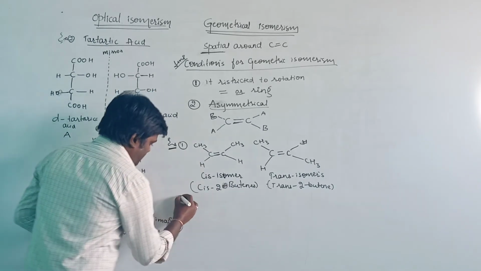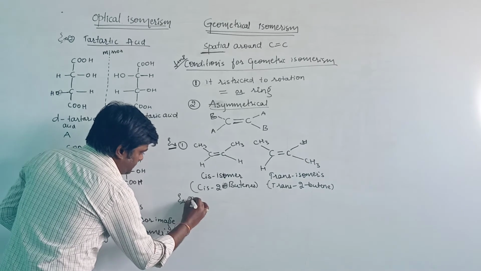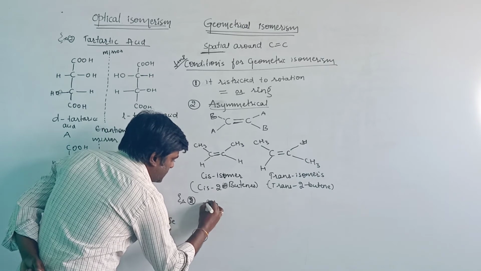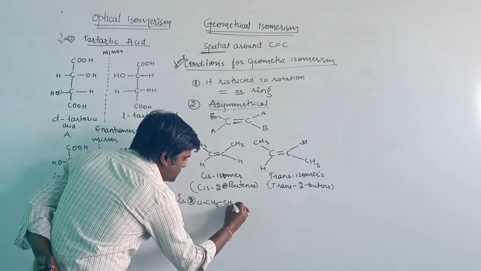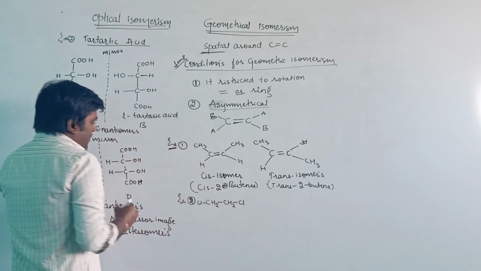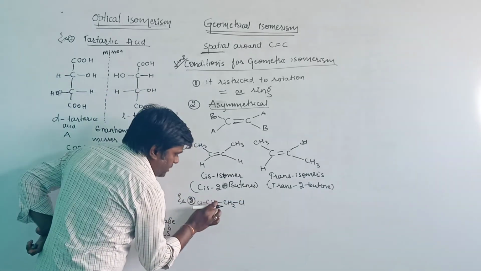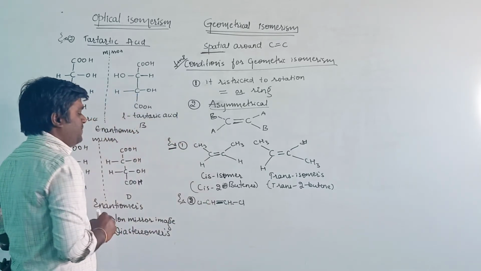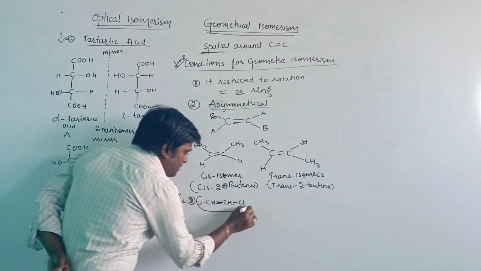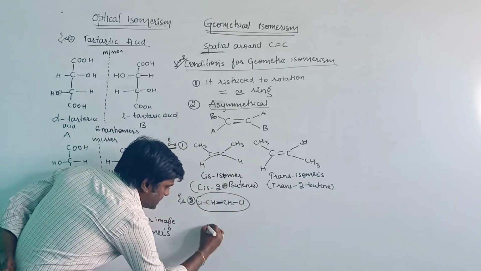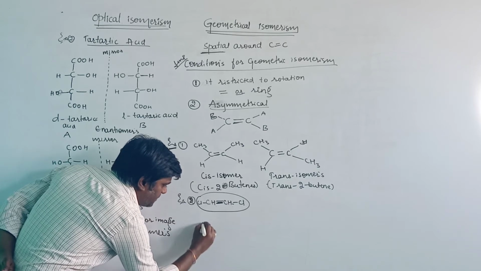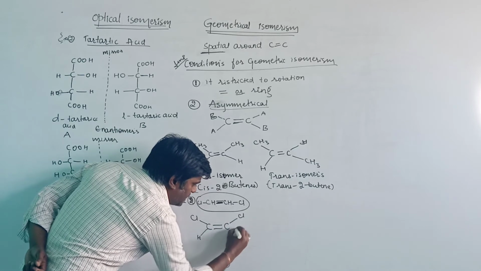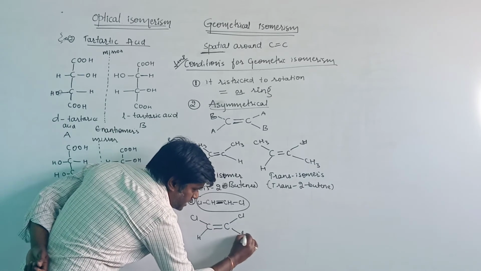And the next one, let us take the second example: CHCl=CHCl. The double bond is present, so only then will it show geometrical isomers, and we can represent this in a different way. That is CH and Cl here, double bond, Cl and CH, with H here.